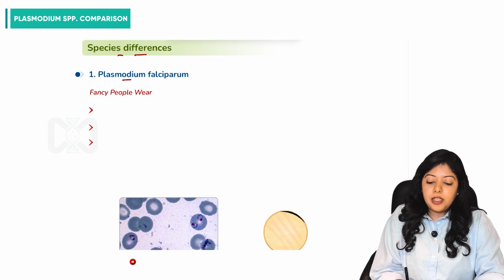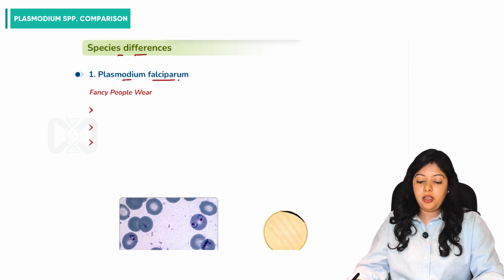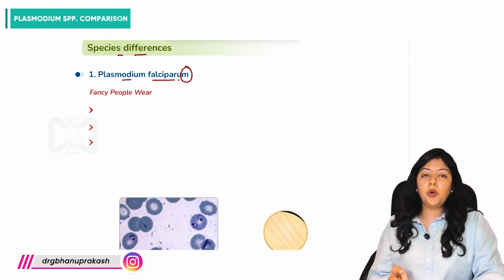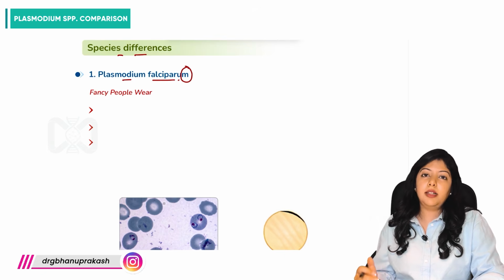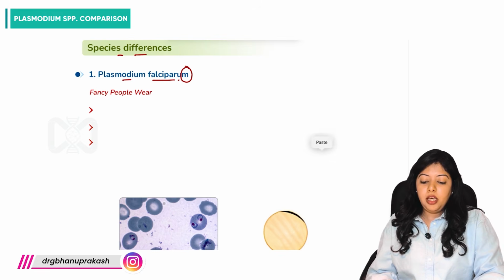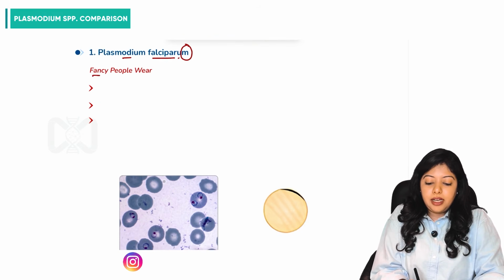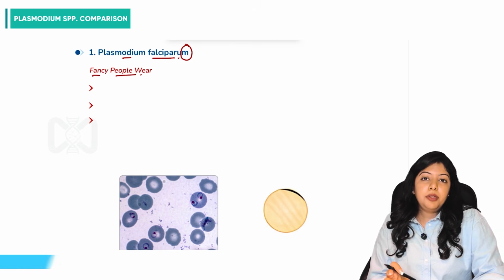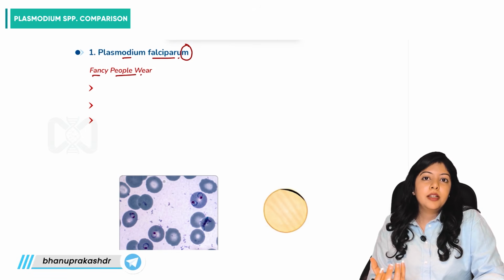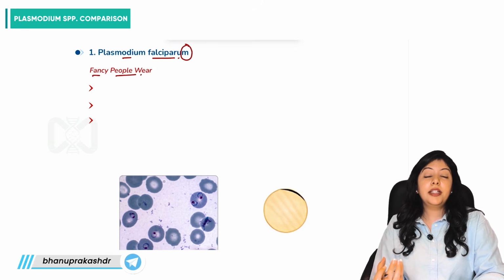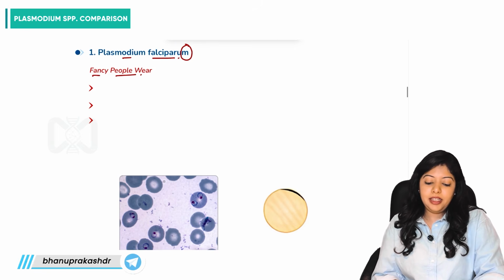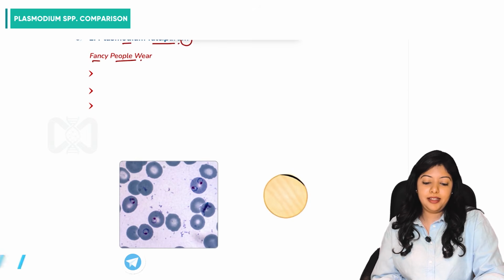Firstly, it's Plasmodium falciparum. So remember I told you to take this letter M, always from falciparum, we'll take this letter M and we'll use it again and again, right? So falciparum, for this we have a story again. Fancy people, they love wearing double rings, they love wearing double diamonds, they have multiple rings, and they also carry fancy bags, right?